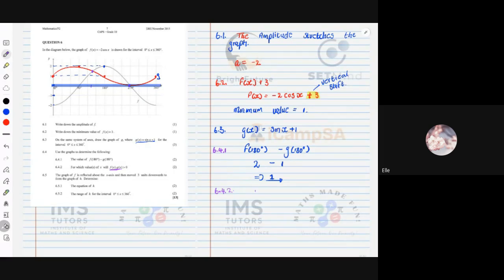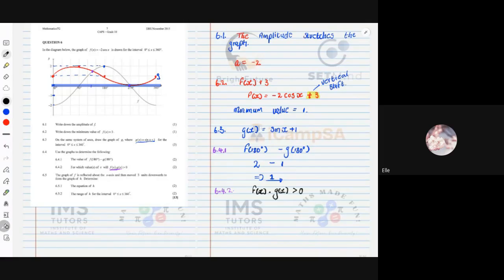So what we do here is look at the scenarios that will result in f at x times g at x being greater than 0. First things first, any of the values of f at x or g at x cannot be equal to 0.